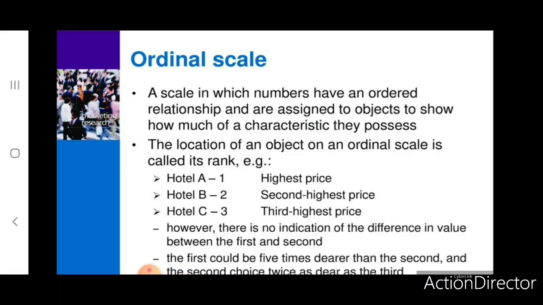Here the difference is that it helps to fix the rank of a variable. That is the main difference between nominal measurement and ordinal measurement. So, rank 1, rank 2, rank 3 etc. can be set in the case of ordinal measurement. We can fix a rank for each attribute.